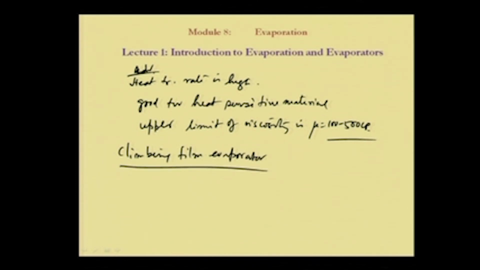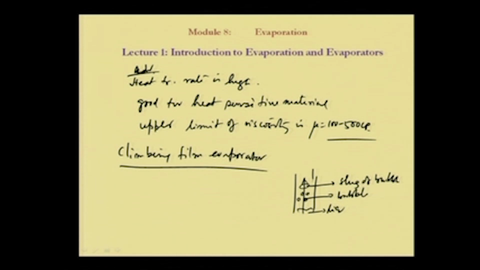In the case of the climbing film evaporator, the boiling liquid will flow upward through the tube. Here the vapor will go. Initially there will be liquid, then bubble, then slug or bubble.